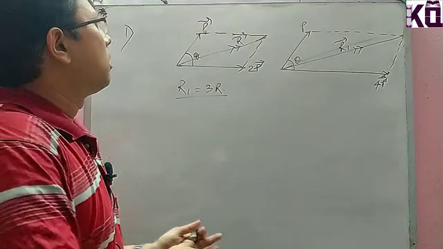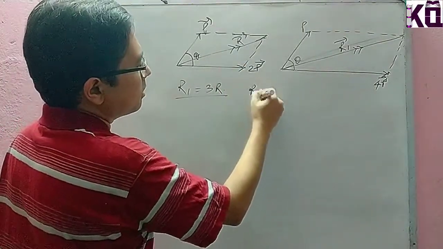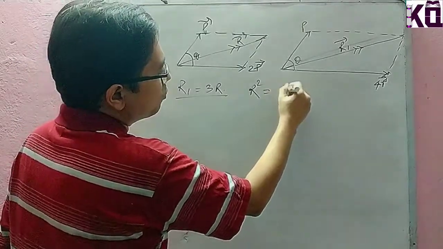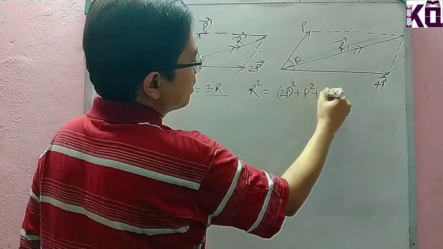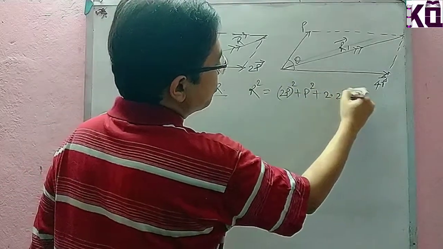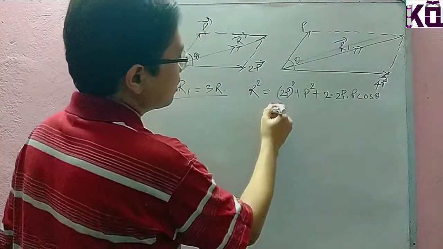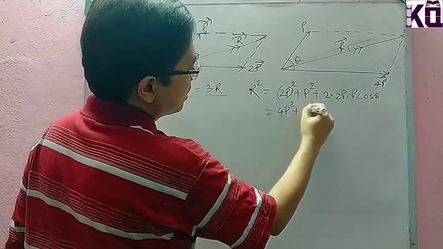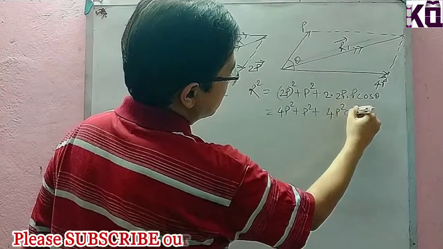So the formula is there as per the resultant. R square is equal to 2p square plus p square plus 2 into 2p into p cos theta. So from this we can write 4p square plus p square plus 4p square cos theta.